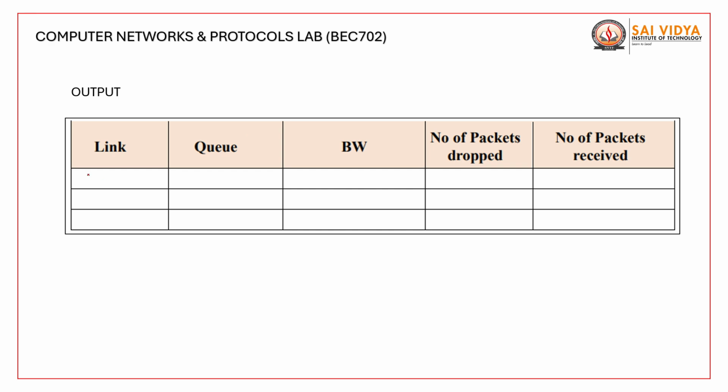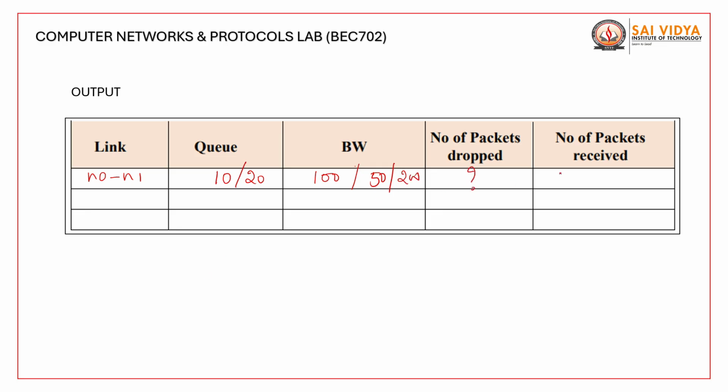So you vary the link, for example, N0 to N1. You set some queue size, 10 or 20, like that. You set the bandwidth, for example, 100 megabits per second, or 50 megabits per second, or 200 megabits per second.